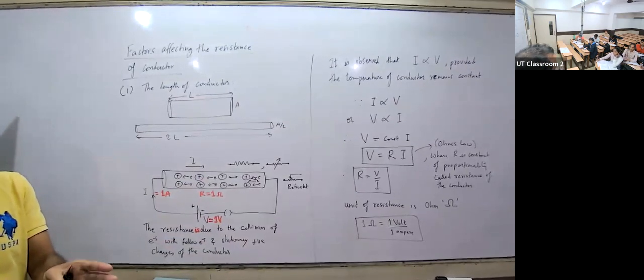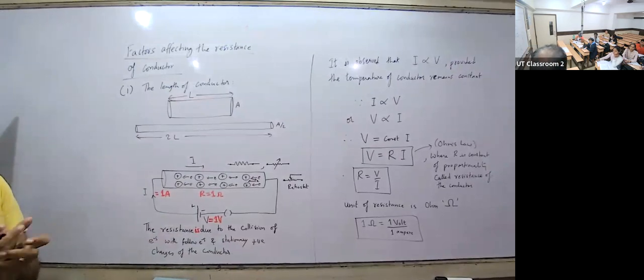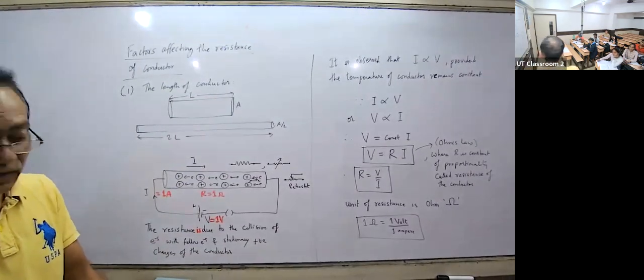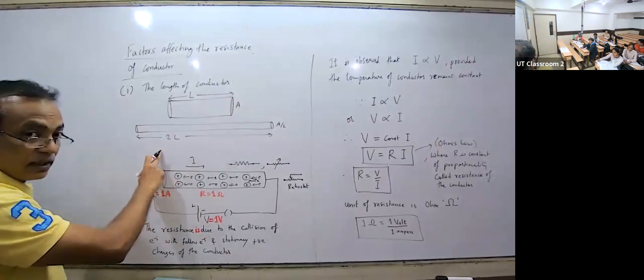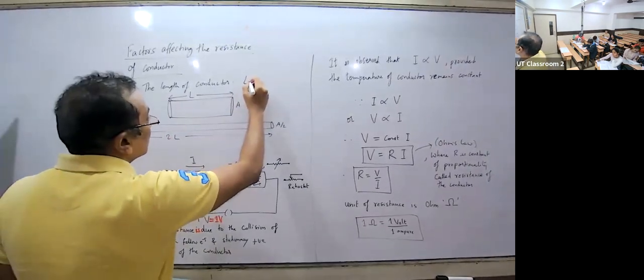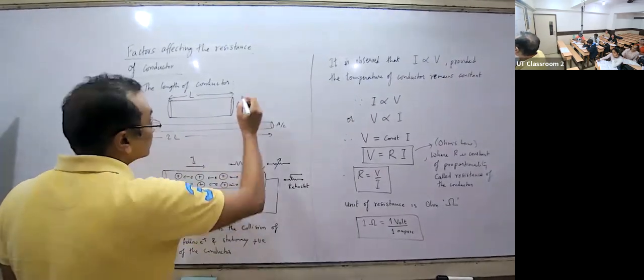ठीक है? तो क्या होगा? रेजिस्टेंस बढ़ेगा या कम होगा? बढ़ जाएगा, है ना? पैसेज अगर ये पतला कर दे तो तुम लोग को भी चलने में तकलीफ हो जाएगी. ठीक है? So with the length of the conductor, resistance increases. So the first thing is resistance is directly proportional to length.